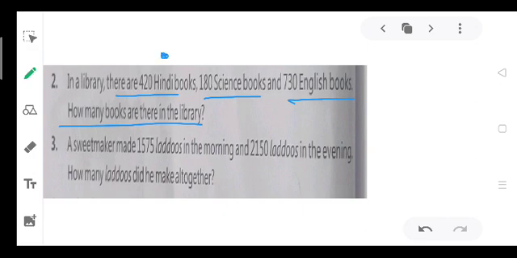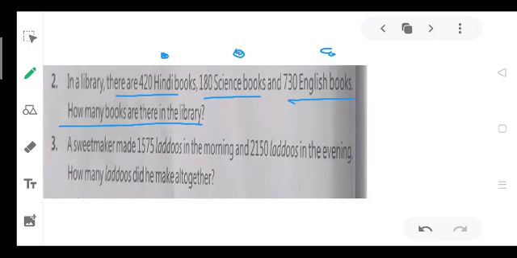Given number 420, then science books this, then English books this. We have to add these all, and we will write its short and meaningful statement also. The short statement will be Hindi books is equal to 420, science books is equal to 180, English books is equal to 730. This we will add.